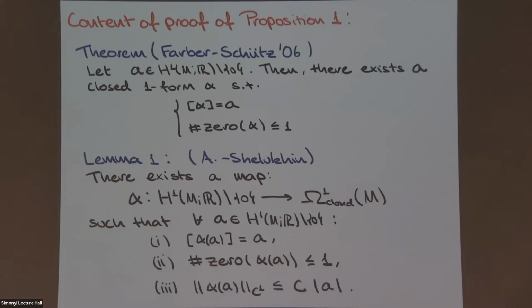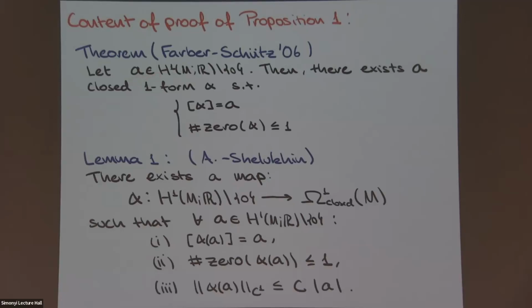What it says is that if you have a non-trivial first cohomology class, then you can find a representative, a closed one form with at most one zero, which represents that class. Of course, the class has to be non-trivial, otherwise you would contradict the Lusternik-Schnirelmann theory.